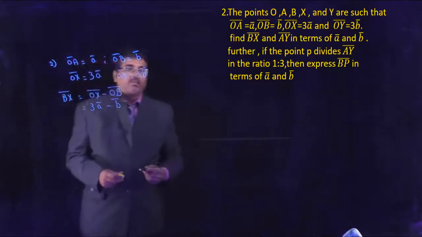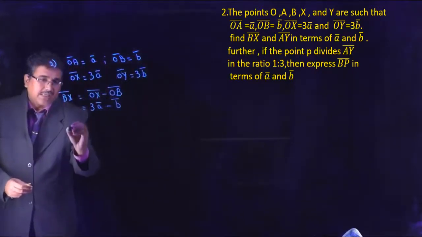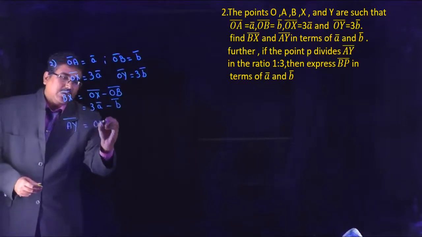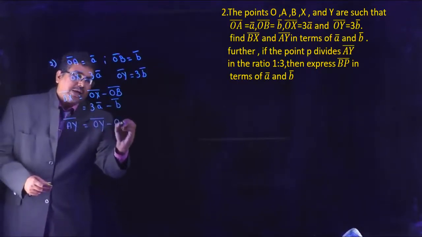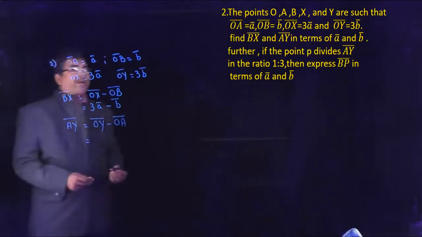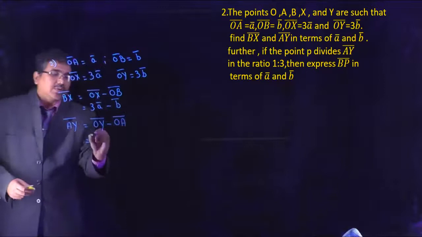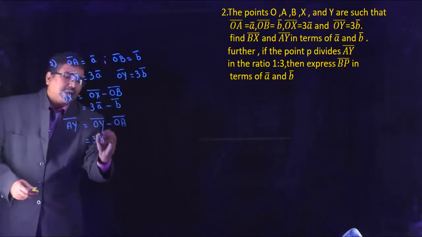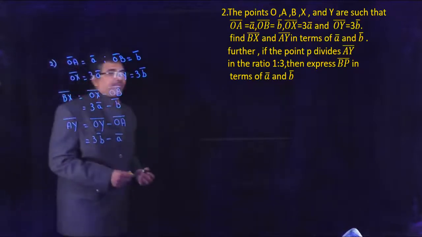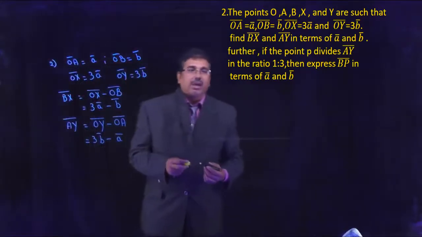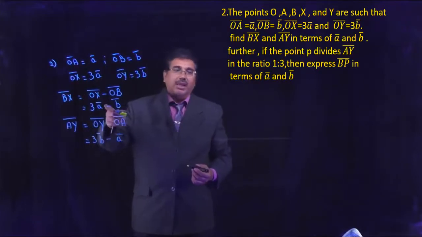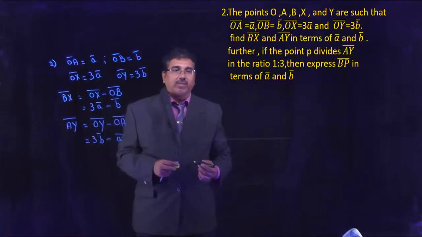Now AY bar is equal to OY bar minus OA bar, that is 3B bar minus OA bar, that is A bar. Right? BX bar and AY bar in terms of A bar and B bar.